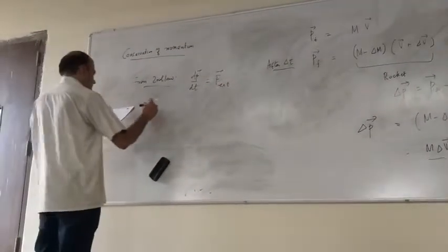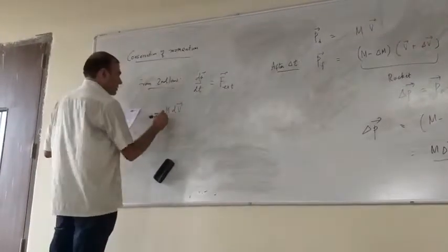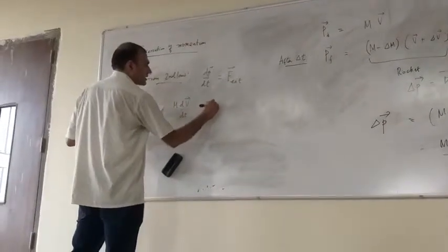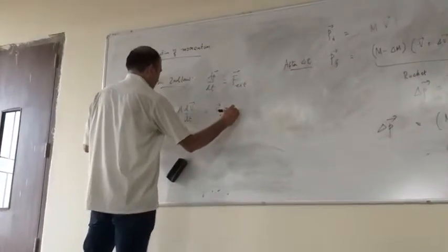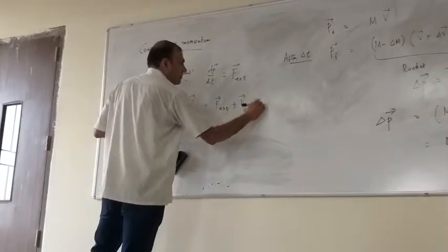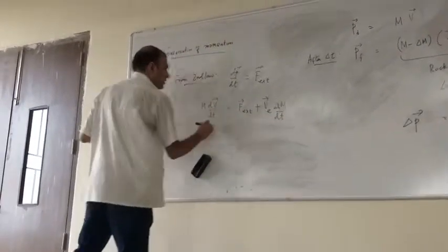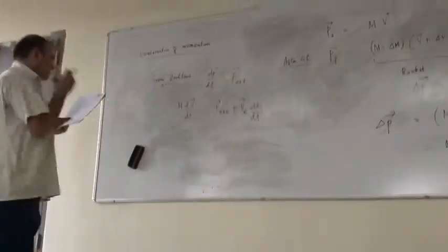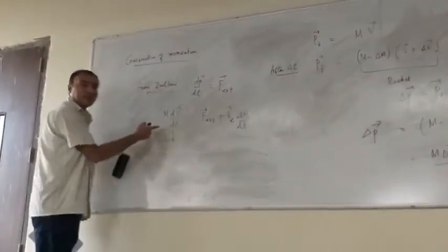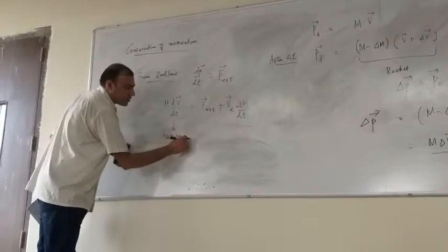So that would mean that m dV/dT, just following from that equation, equals the external force minus V_e times dm/dT. So this on the left-hand side is basically the net force acting on the rocket.